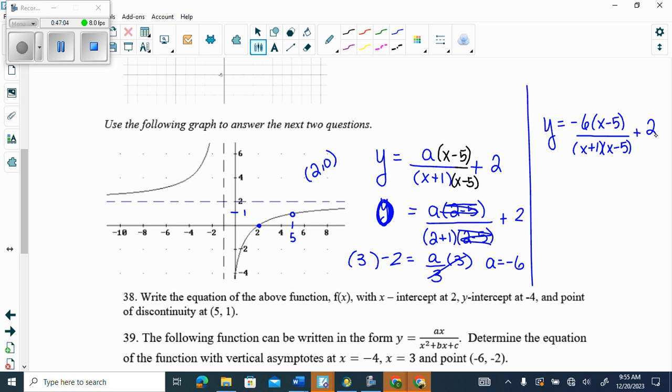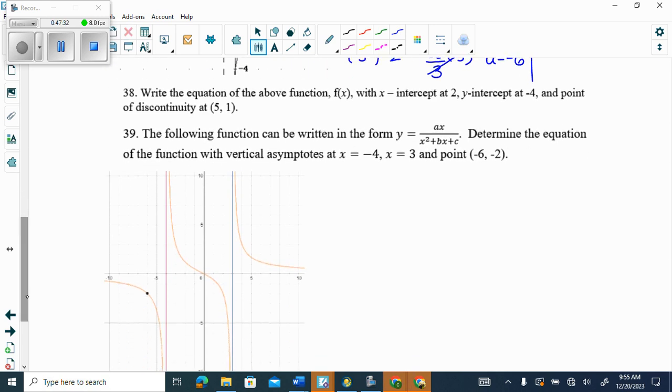You have to multiply this one by (x plus 1)(x minus 5) and distribute it in the top. But more often than not, they're leaving it like this because that's transformed. We're doing transformations of graphs, not making a full fraction like I do for calculus. It's a totally different rule. So if it doesn't say, you can leave it like that. Absolutely.